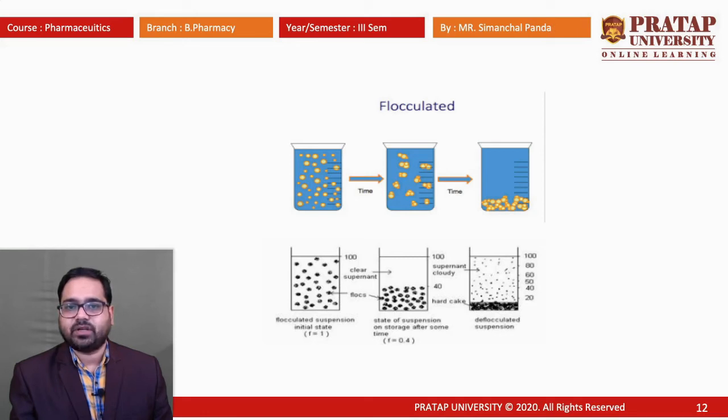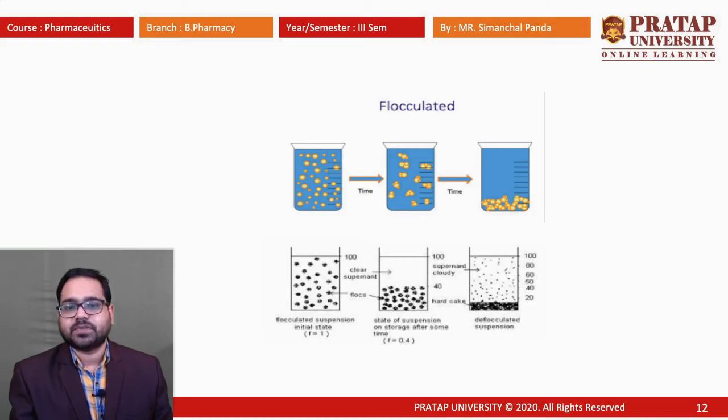So the action of gravity will not work properly, and after that they come close to each other. So the diameter of the particle is increasing, and due to the increase of particle size, the rate of sedimentation will be faster. Once the rate of sedimentation increases further, we can see the particles forming a cake.